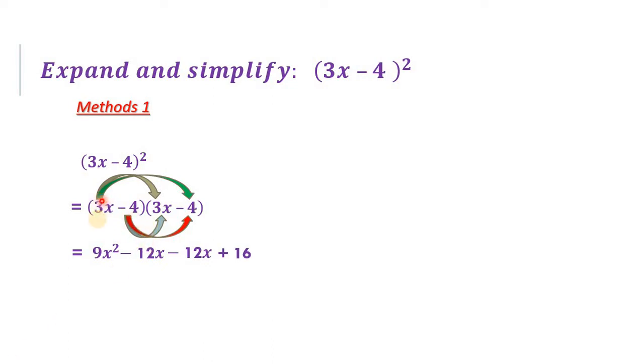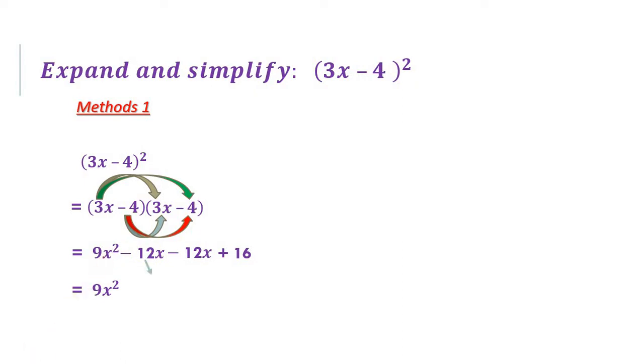Notice that each term of the first bracket, or pair of brackets, will multiply each term in the second pair of brackets. Next, we simplify. Bring back the quadratic term, that is the term with the square on the x.